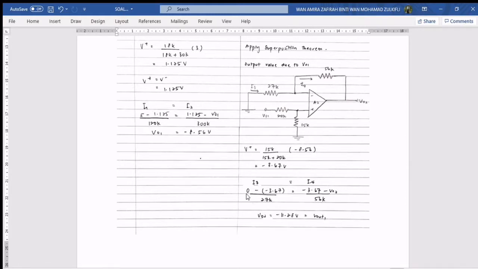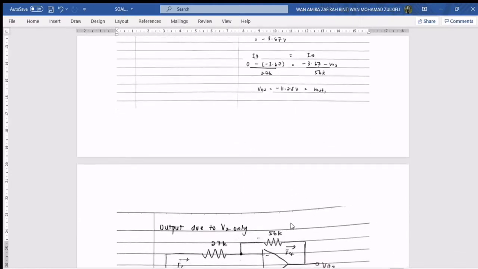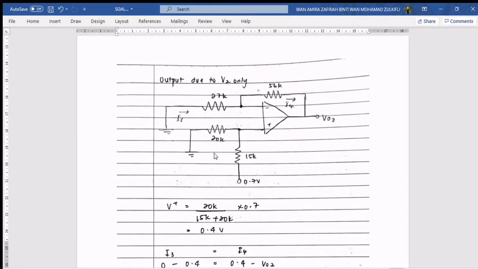So the value for V out 2, which is the first voltage on V out 1 here, is negative 11.28 volt.